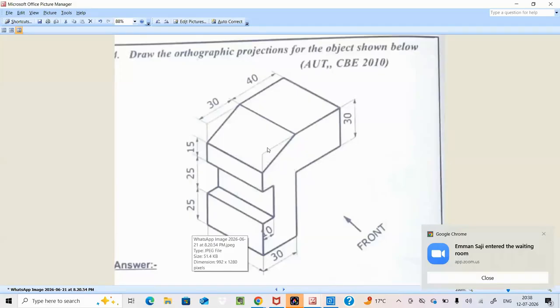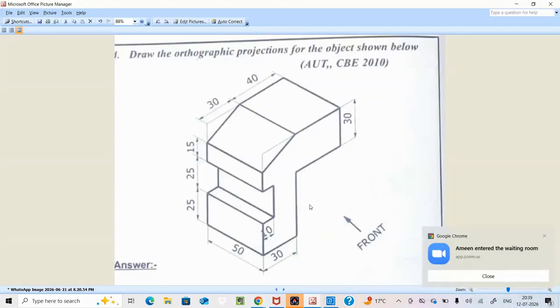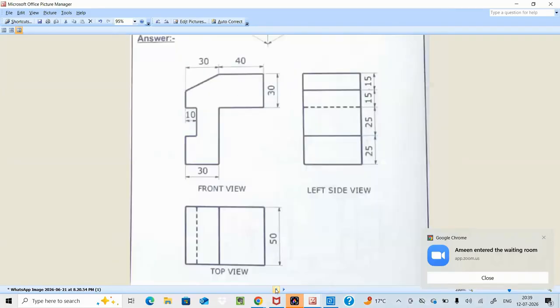If you see the left side view, the hidden part is this cut portion, this 30 mm. This will not be visible in the left hand side view. It is visible only in the front view. So this particular line will be a hidden part. Similarly, in the top view, this particular line is hidden. So for that reason, they have shown the hidden lines.